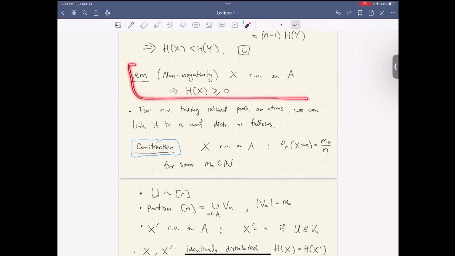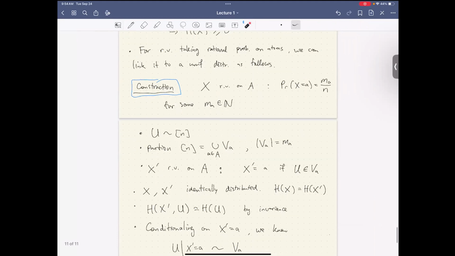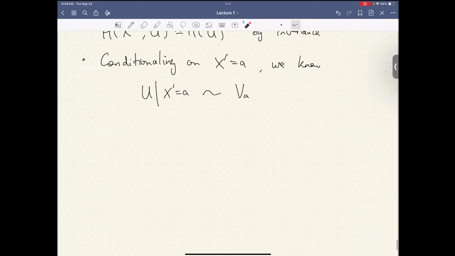Let's prove this. Okay. Proof of non-negativity. What we do is we first assume X takes rational values over A. If it's not rational, you can use the continuity axiom to approximate the probability by rational ones.